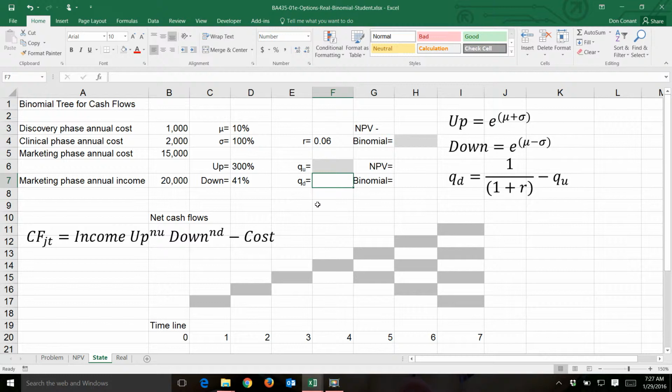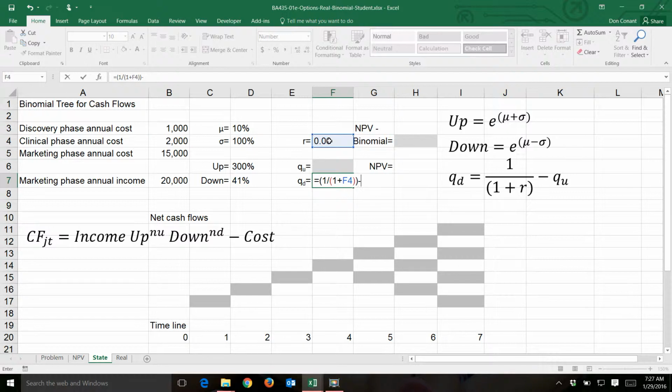Let's enter it. Equals. I'll go ahead and do my fraction first. So I want to get the whole fraction. I have a numerator over, and I'll get the denominator here. 1 plus, I'll go and get R right there. I'll close off my fraction.